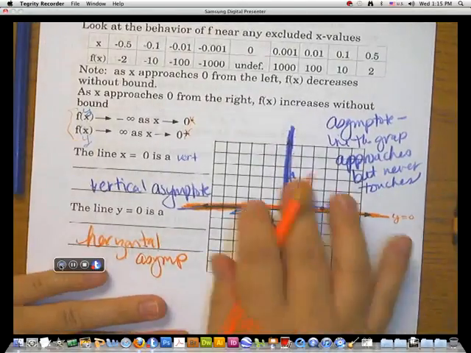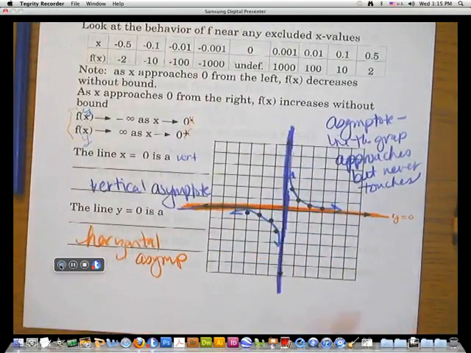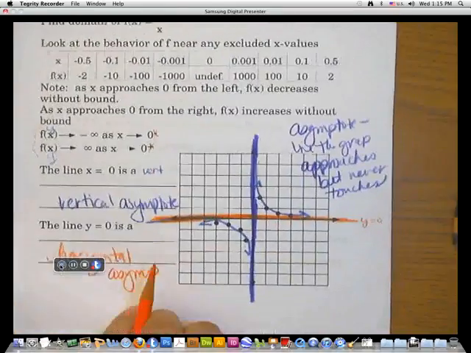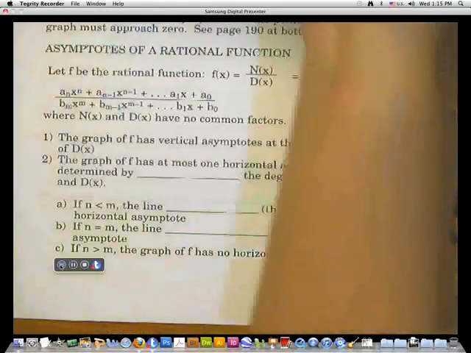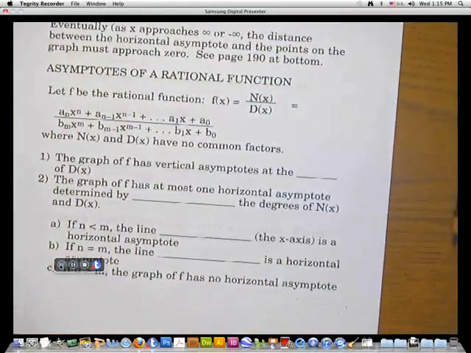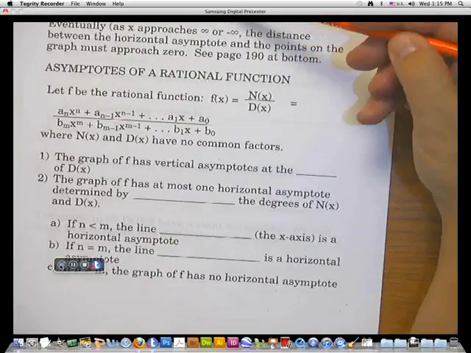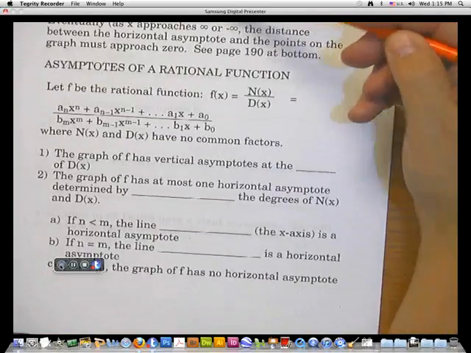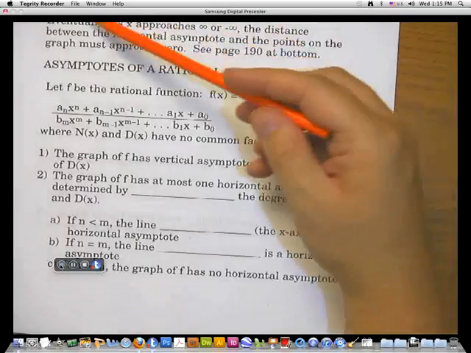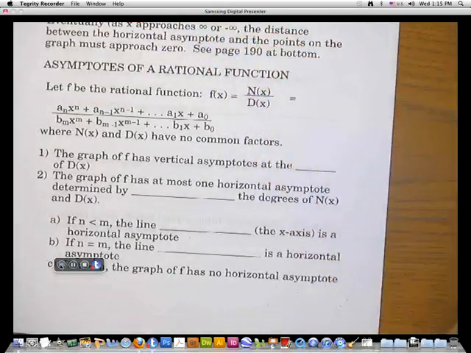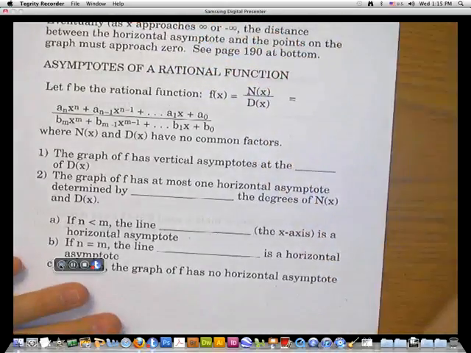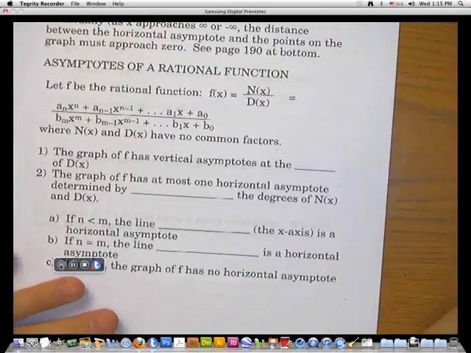So that gives us our asymptotes. So on page 2, we have the definition of a vertical and horizontal asymptote. As our y's approach infinity, x approaches a number. And if we have a horizontal asymptote, as our y's approach a number, the x approaches infinity or possibly negative infinity.